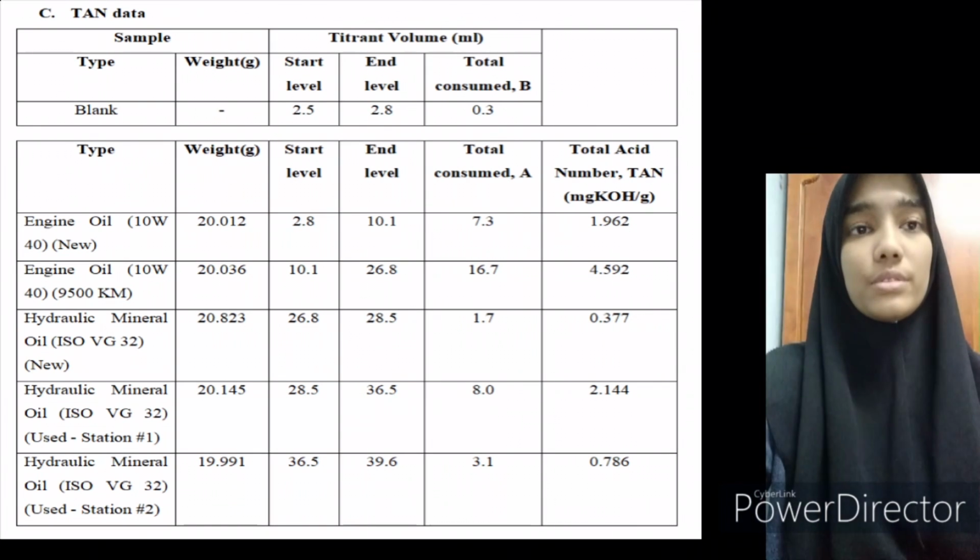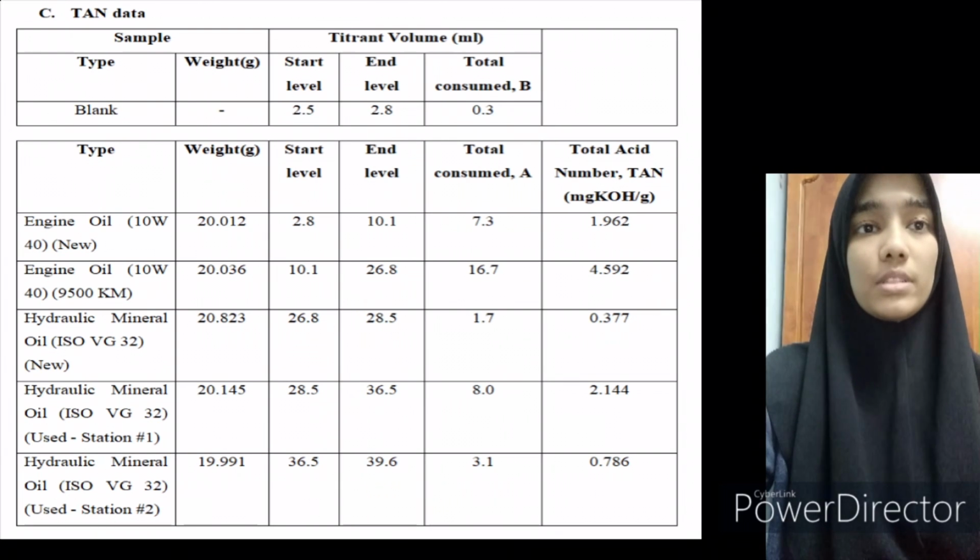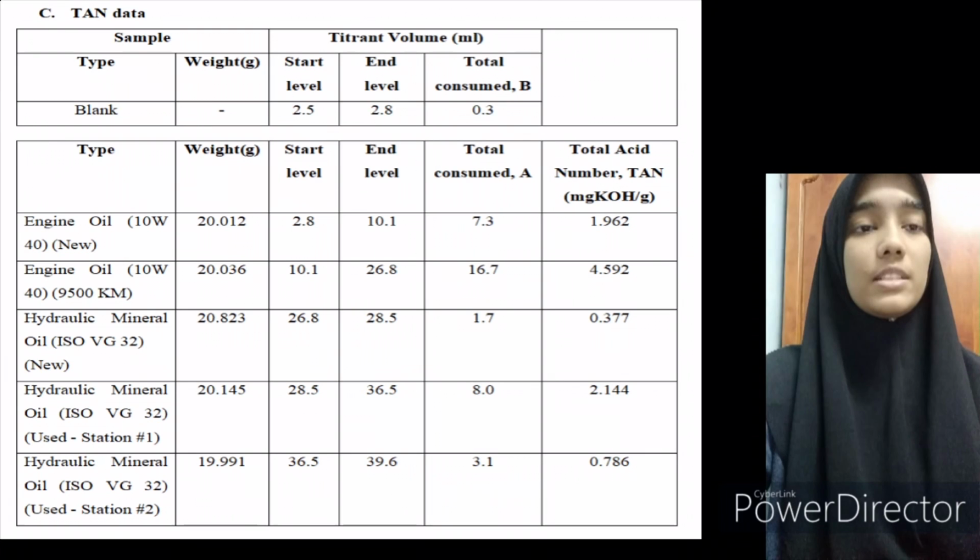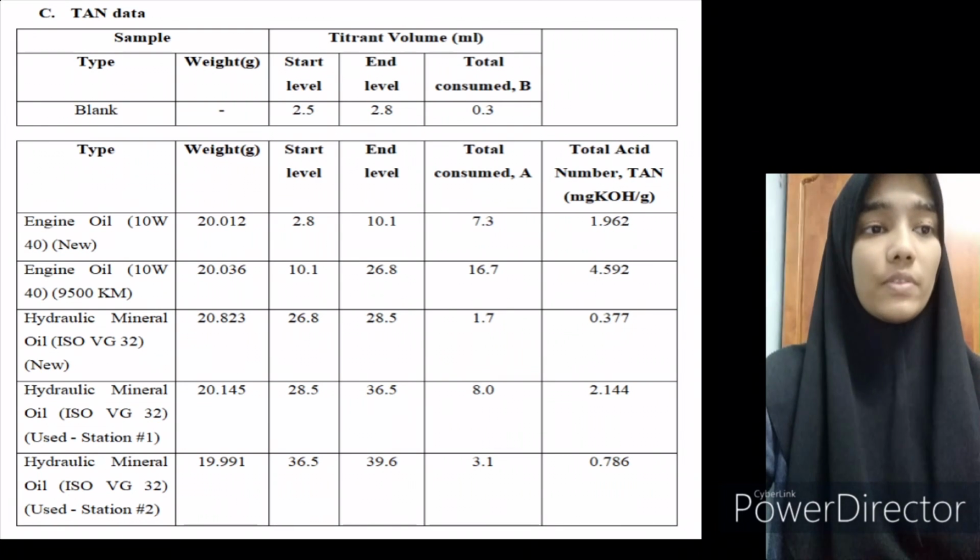The total consumed B, which is potassium hydroxide solution required for the titration of the blank, is found by taking the end level minus the start level, and we get 0.3 milliliter. To find the total consumed A, which is potassium hydroxide solution required for the titration of the sample, we take the end level minus the start level.